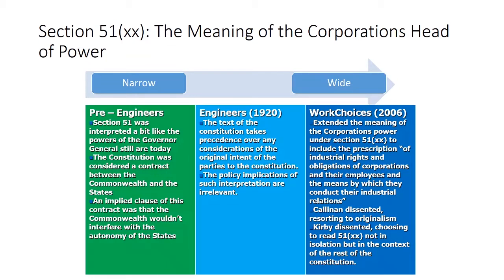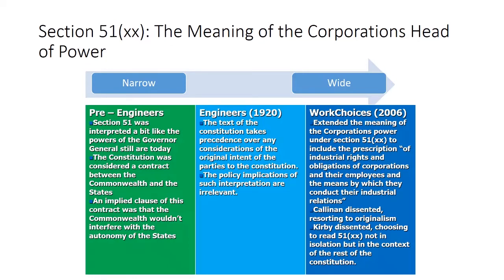But then the Engineers case happens in 1920, and the High Court abandons this doctrine and says, nope, we're going to take essentially a textual analysis. We're not going to read into what the states and the federal parties were thinking at federation. We're just going to look at what it says in the text.